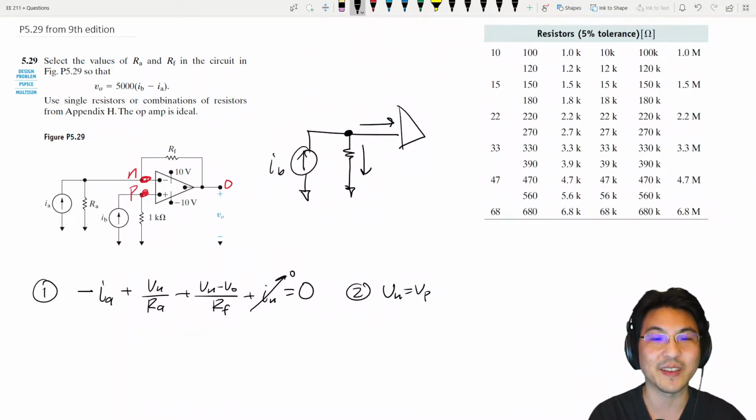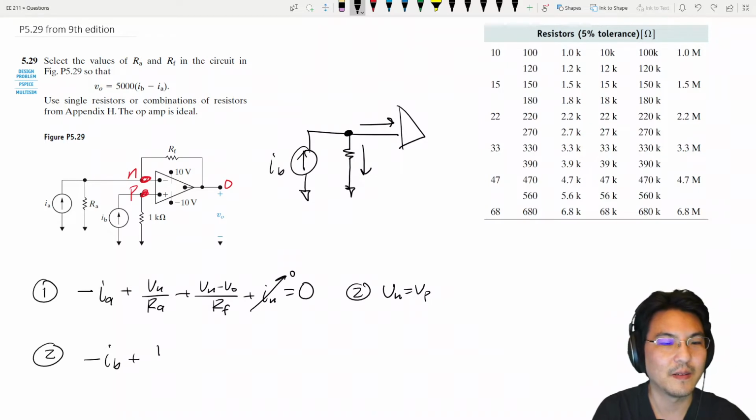If you consider KCL at node P, let me just write that. So KCL at node P, negative IB plus Vp over 1K plus IP equals 0. Oh, this is equation 3 now.